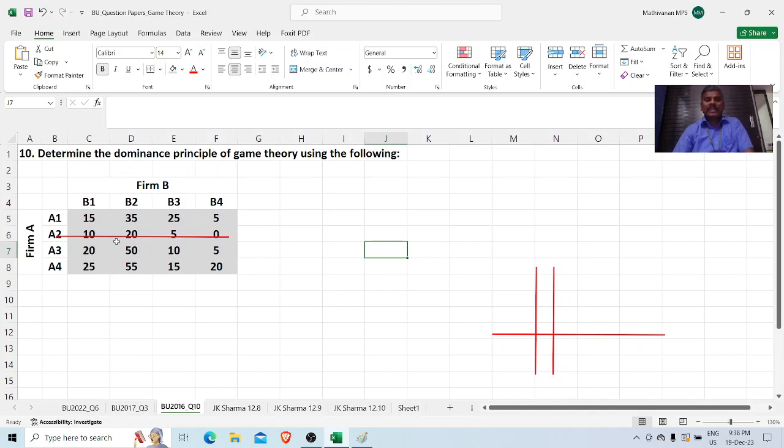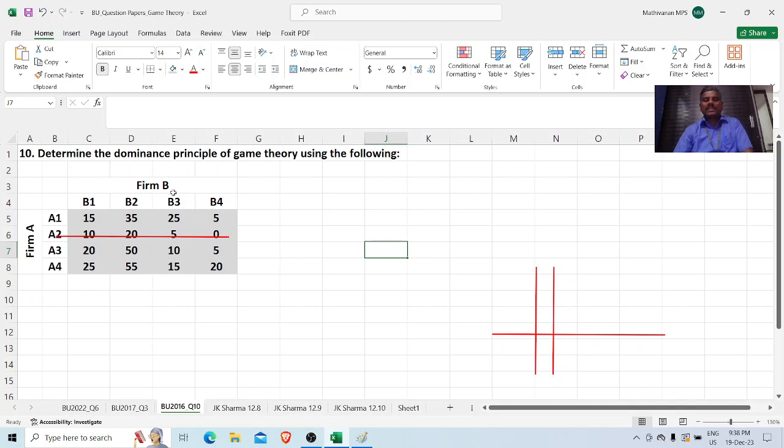When firm B is using the second strategy, A3 will result in a gain of 50 points. A1 will result in a gain of only 35 points. Again, A3 is a better strategy for firm A.